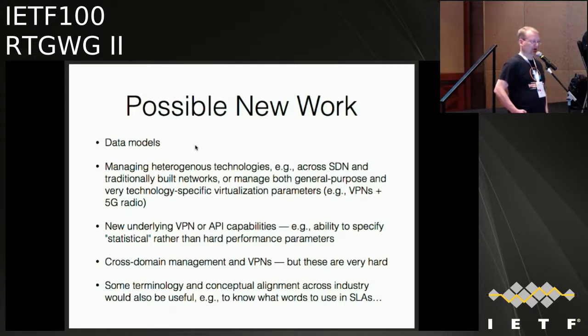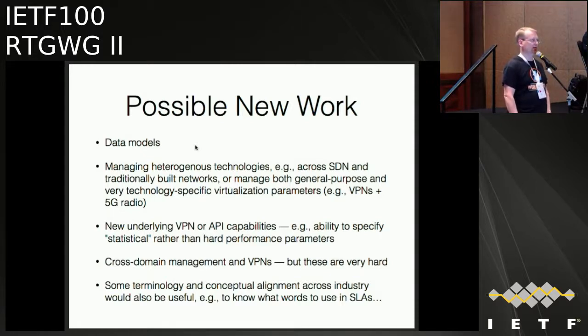Also, I should mention that there's probably some underlying VPN protocol or API or data model capabilities that we should be looking at. My colleague Balas was mentioning the other day that he feels that there are some cases, particularly in radio. He was thinking about the radio aspects in particular: if you're trying to think about hard guarantees that we'll give you 1 gig forever on this link, then that's a thing that we can try and provide over wireless.